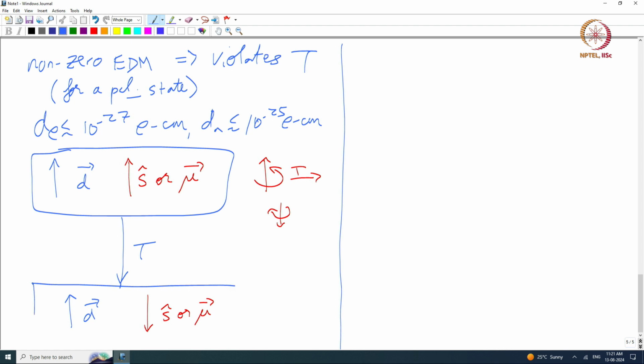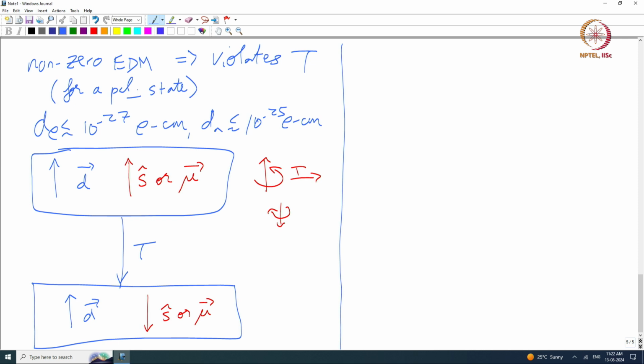So there you go, under time reversal I have changed how the particle state looks. I have flipped the spin, but not the electric dipole moment. So that tells you that if you do measure a non-zero electric dipole moment, then the entire state and its interactions violate time reversal symmetry.